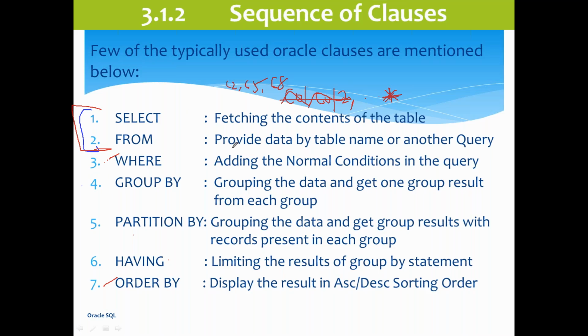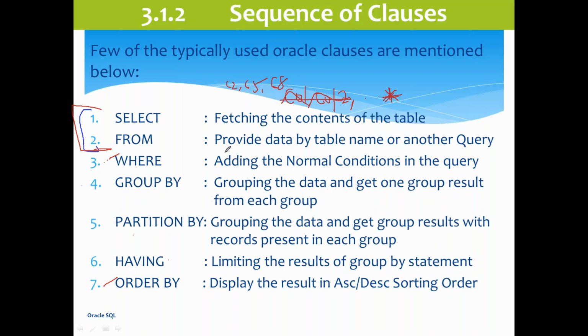Next is from. From will expect some data from where we are taking that data, because this database is purely data oriented. We are selecting the columns we want by using the select clause, and we are taking the data from some location. Many people think from takes a table only and that we have to mention a table.